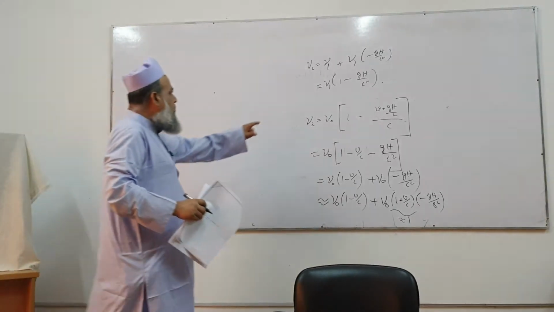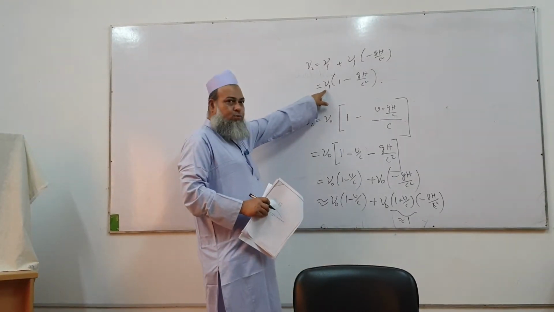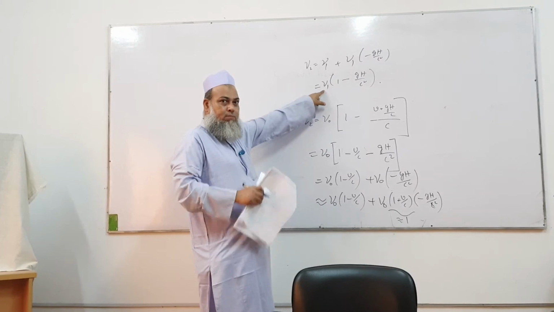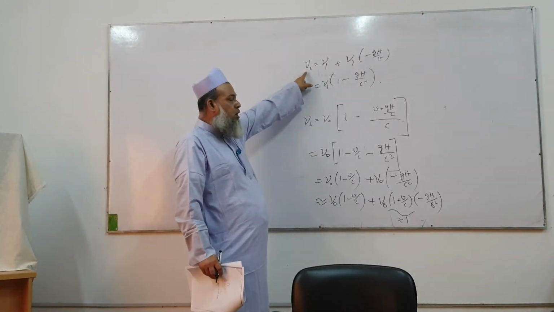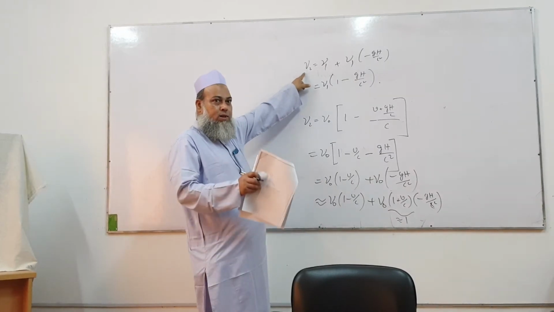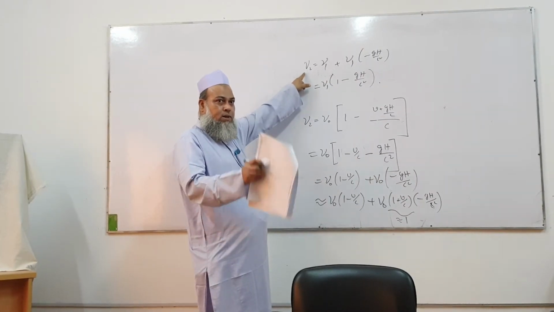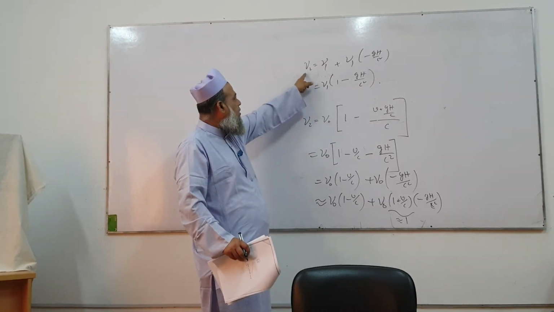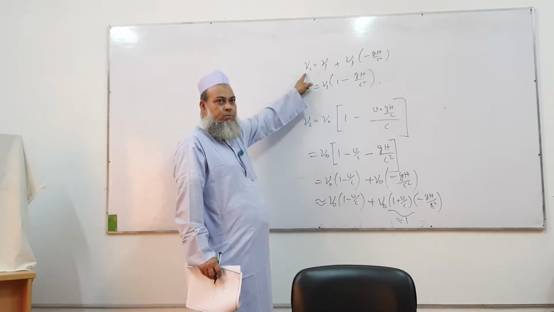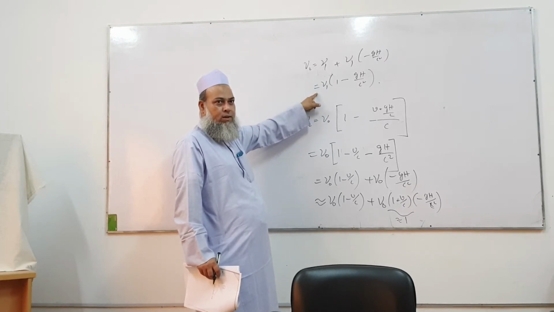At the time of transmission of the light pulse, the bystander sees frequency nu 1. At the time of receipt of the pulse at the ceiling, the bystander sees nu 2. Now, which is greater, nu 1 or nu 2? Nu 2 is less than nu 1.